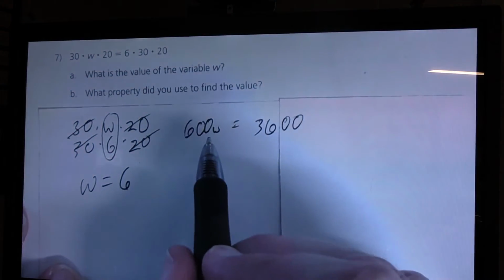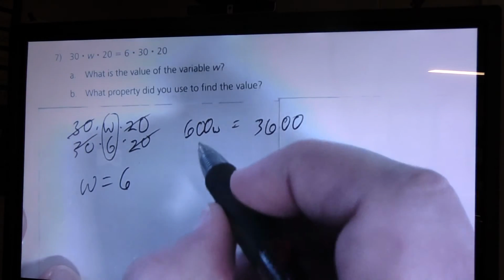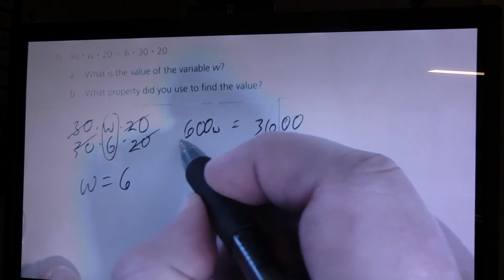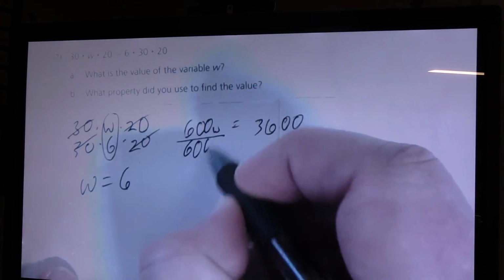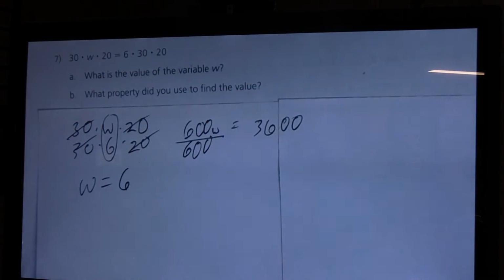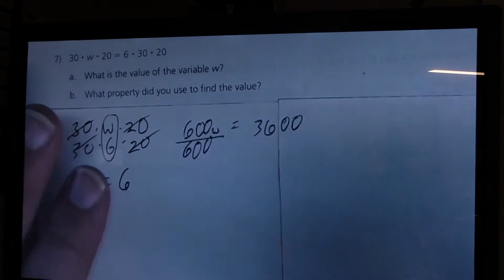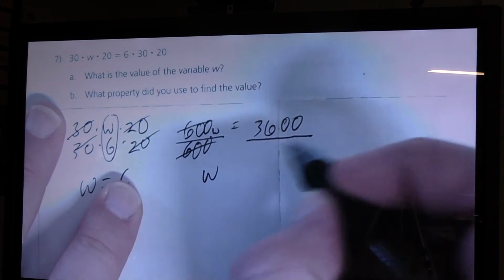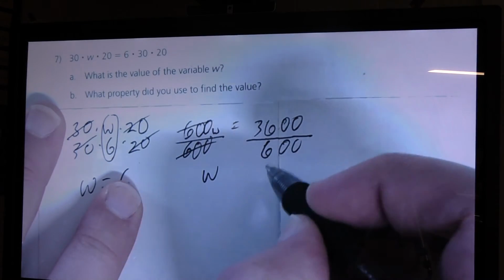Now, if I want to isolate W, I can go ahead and divide 600W by 600. Now, you all understand that when you have a fraction, the operation going on is divide, right? Yeah. So I can divide these 600s out, leaving me with W. And then I'll divide 3600 by 600.